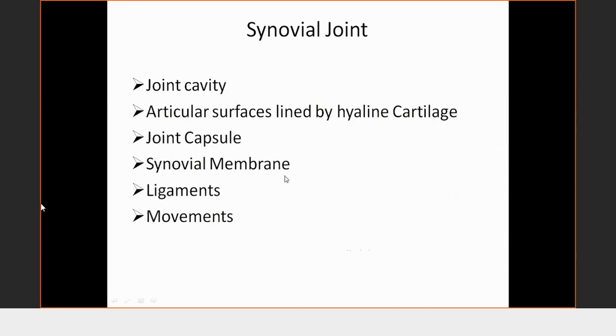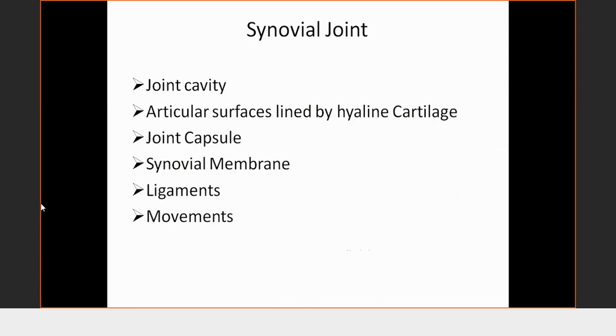So any synovial joint has some characteristics. Usually if you know the characteristics, even if you do not know the joint, you can write about it. When you are taught about the regions, you will be taught the joints separately: the shoulder joint, elbow joint, joints of the wrist, or joints of the hand.